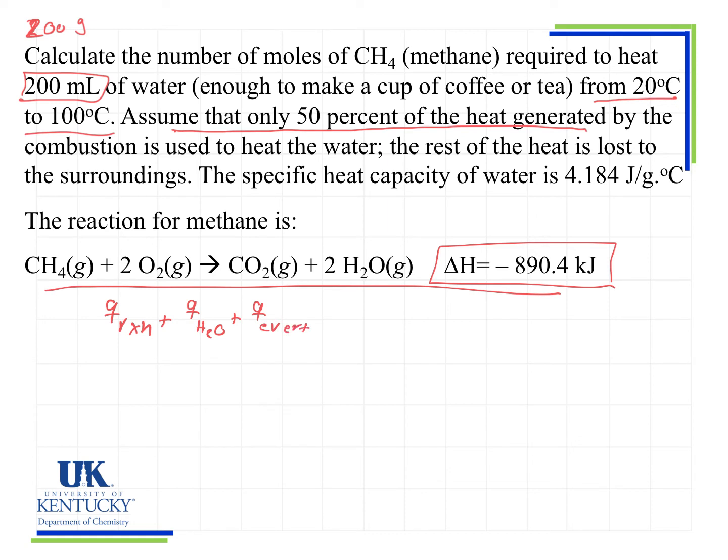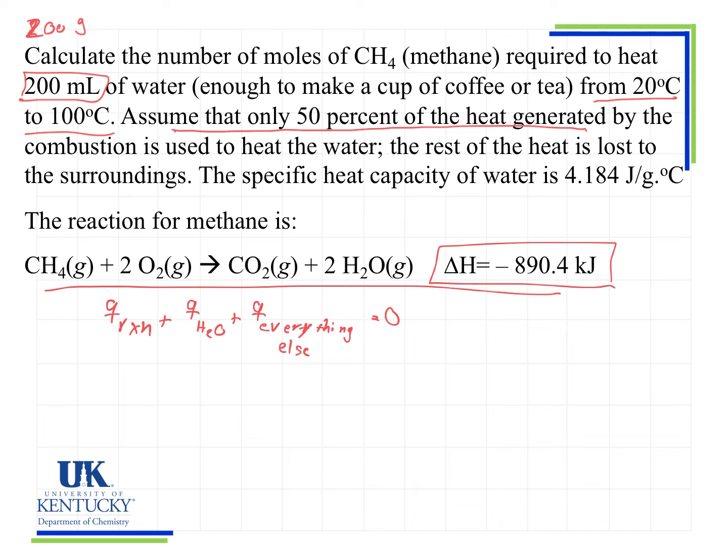I'm going to write everything else, equals 0. So that's the amount of heat exchange. Some heat produced with the reaction, 50% of it goes to the water, 50% of it goes to everything else, okay?